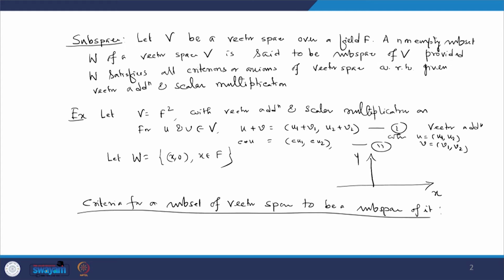So, if I can somehow show that a subset is closed with respect to both vector addition as well as scalar multiplication, and is an abelian group with respect to vector addition, then we can say that that subset is a subspace of the corresponding given vector space. So, I can consider one standard result like this in terms of a theorem.